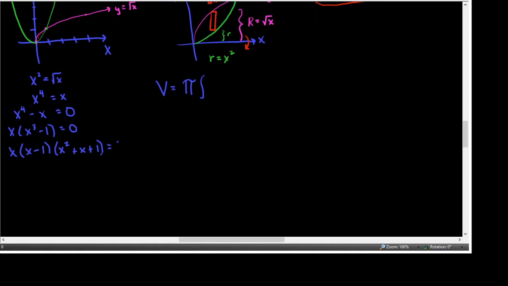I'm thinking maybe some of you know it. So if this factorization leads me to something that's equal to 0, this product equals 0, that means one of the factors is 0. So if the first factor is 0, that means x is 0. If the second factor is 0, that means x is 1, which we got from graphing. And this last one, to solve that, you'd use the quadratic formula, opposite of b plus or minus the square root of b squared, which is 1, minus 4 times a, which is 1, times c, which is 1.